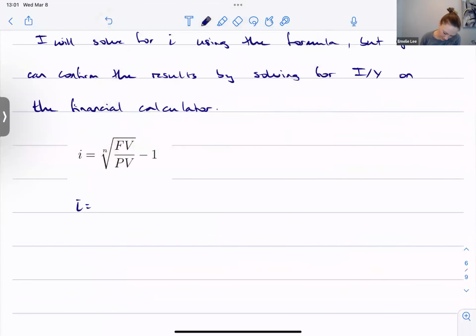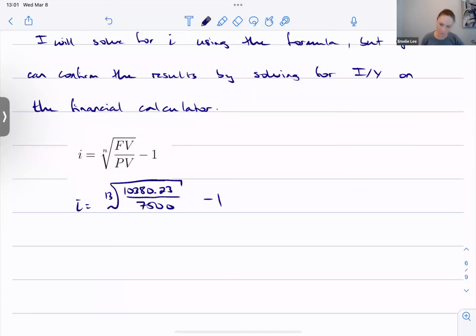So I'm taking the 13th root of 10,380 and 23 pennies divided by 7,500 and then minus 1. So notice that the minus 1 is after.